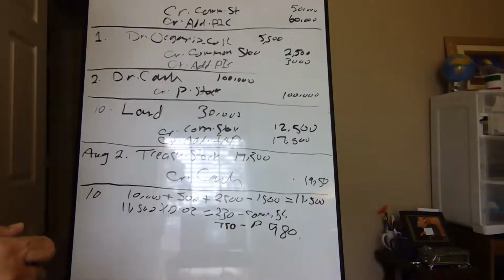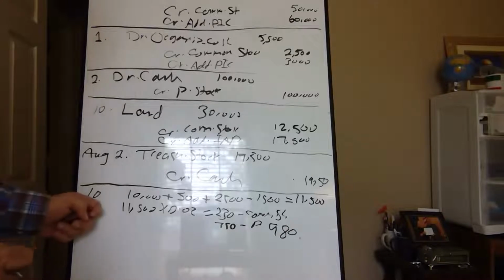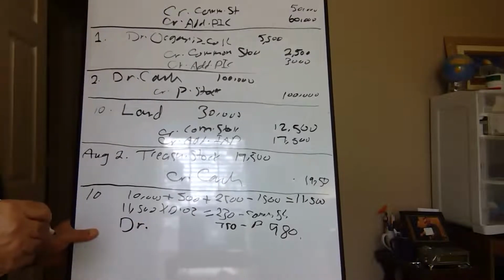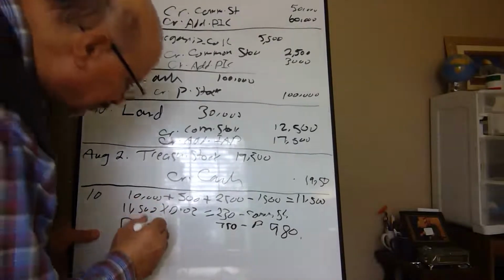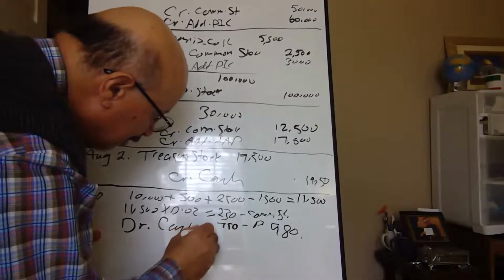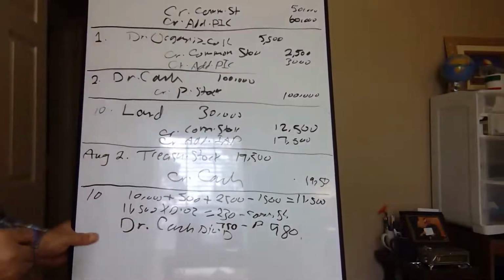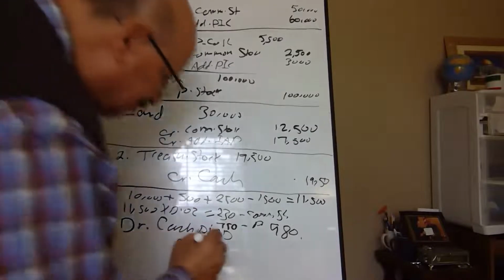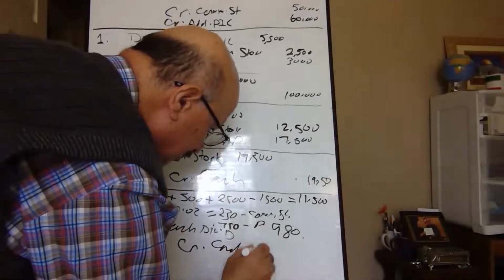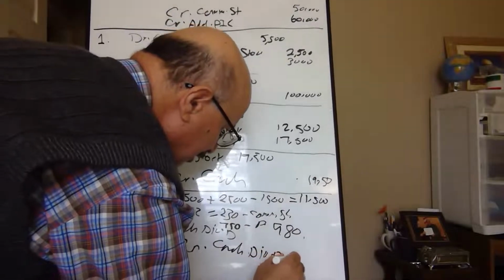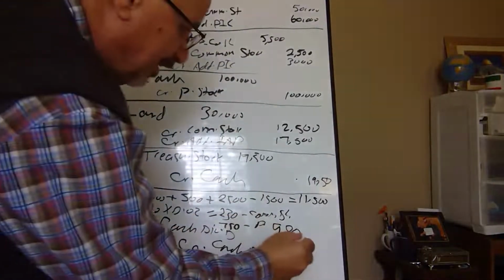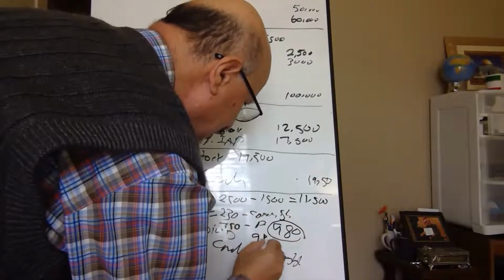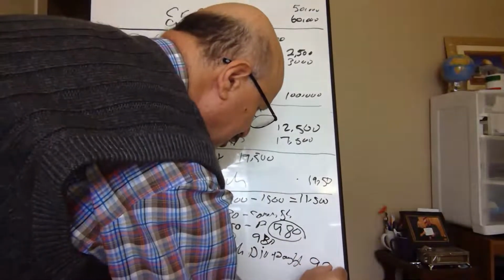On the declaration date, which is August 10th, we're going to debit cash dividends declared, and we're going to credit cash dividends payable, for $980.